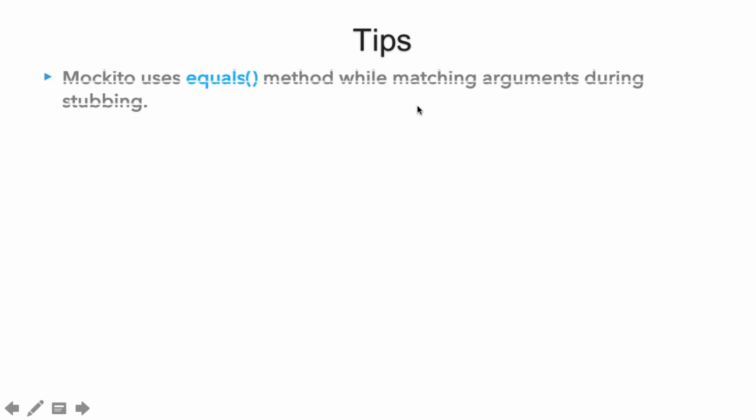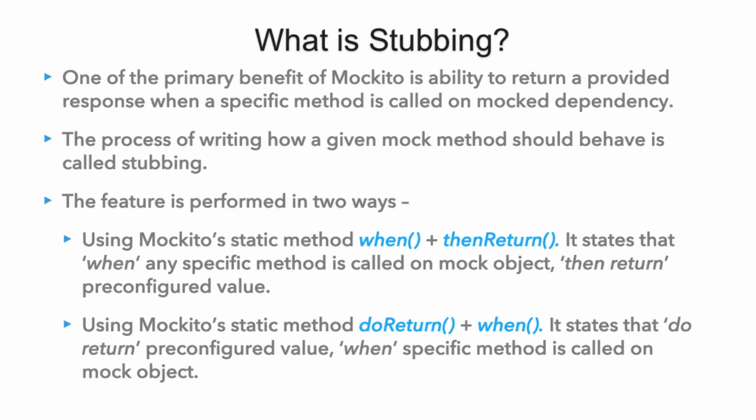Moving ahead. While we perform stubbing in Mockito, there are a few tips around it. Mockito uses the equals method while matching arguments during stubbing. When we call the when method, we provide the mock dependency and call the specific method on it, which may take certain arguments.